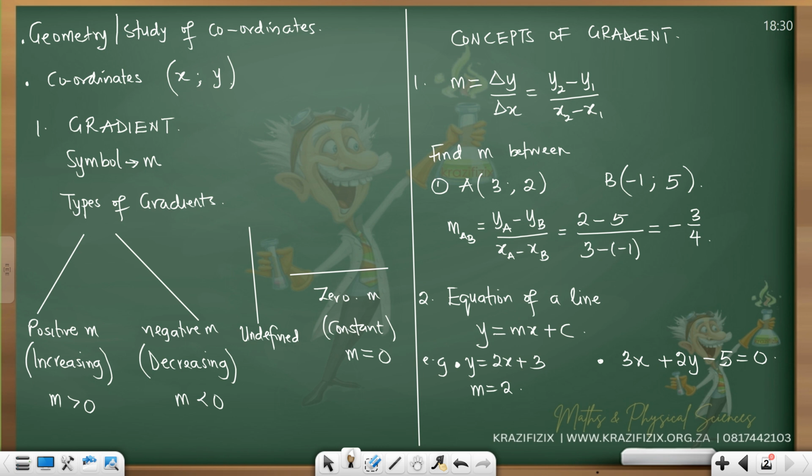Write it as y equals. Give me an answer quickly.